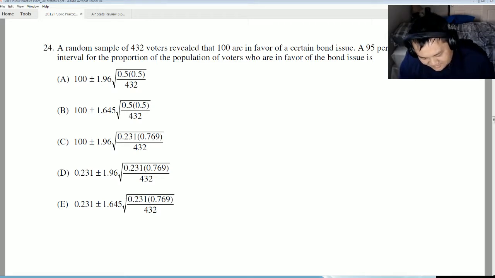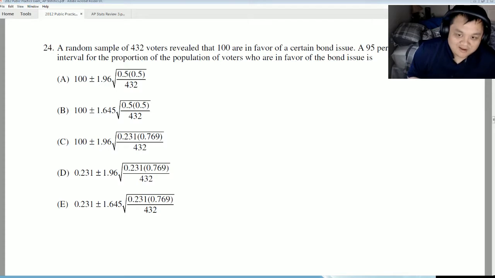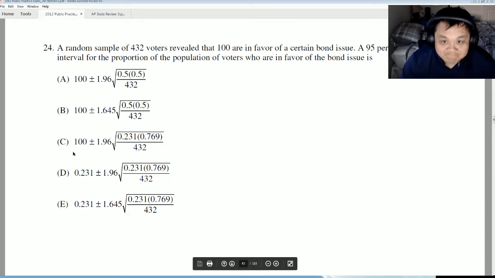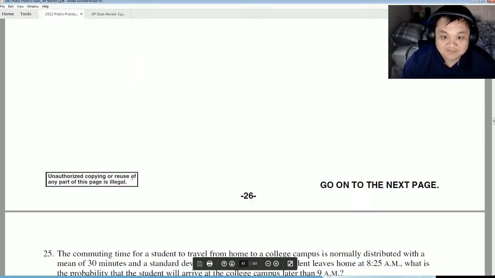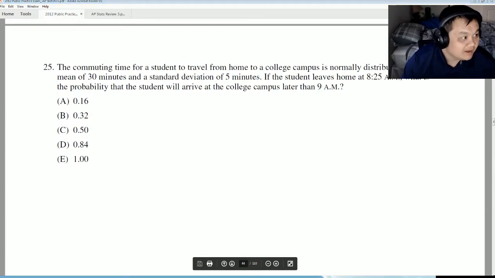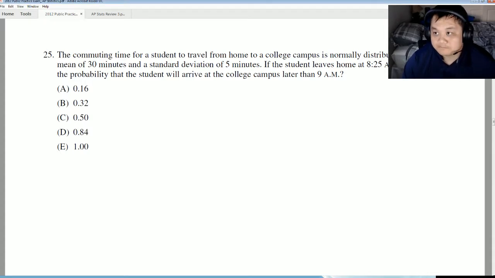Even though they only have 10 people and 3 are in favor, or they have 30 people and 10 are in favor, we still use Z because it's about probability. Yeah, I'm going with the 432. Okay, yep. Anyway, 25. The commuting time for students is normally distributed with 30 minutes.